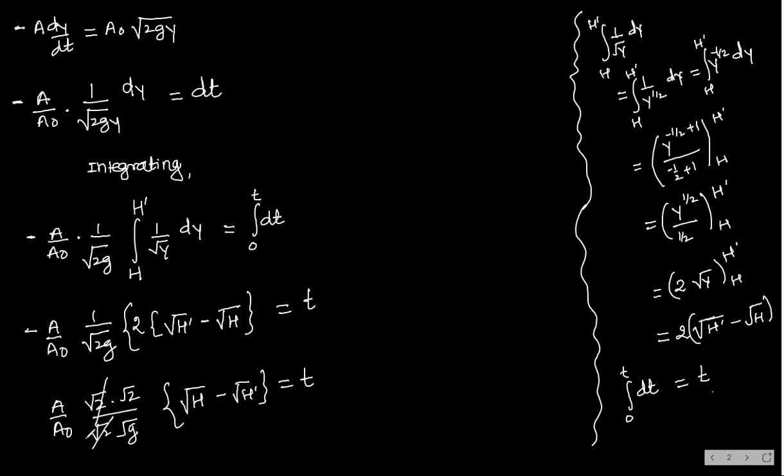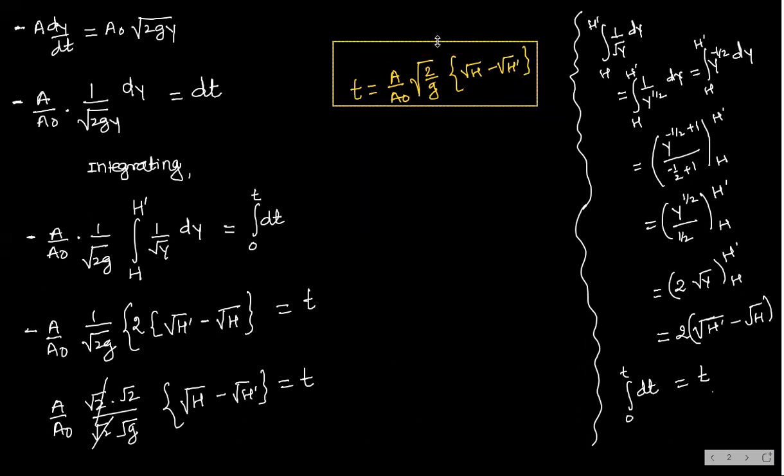Now this root 2 and this root 2 cancel, and I am getting the formula like this. T is equal to a by a naught under root 2 by g into bracket root of h minus root of h dash. Understand? Check it. If you have any doubt in this, you can ask.